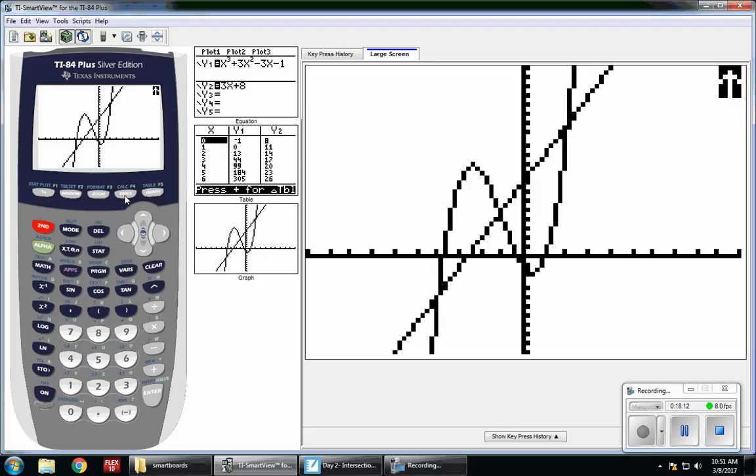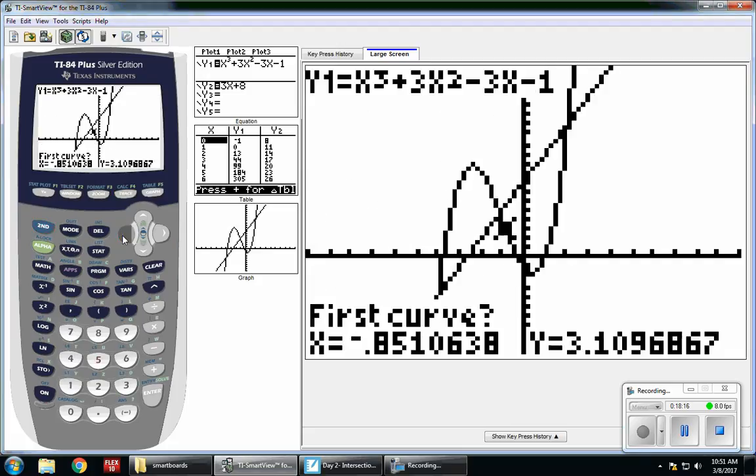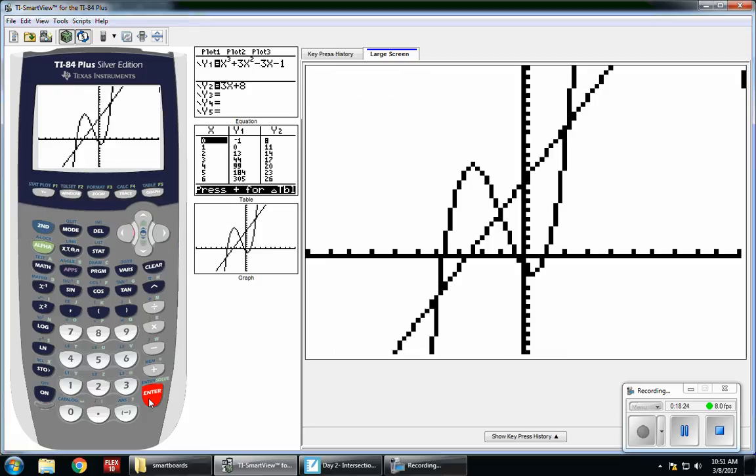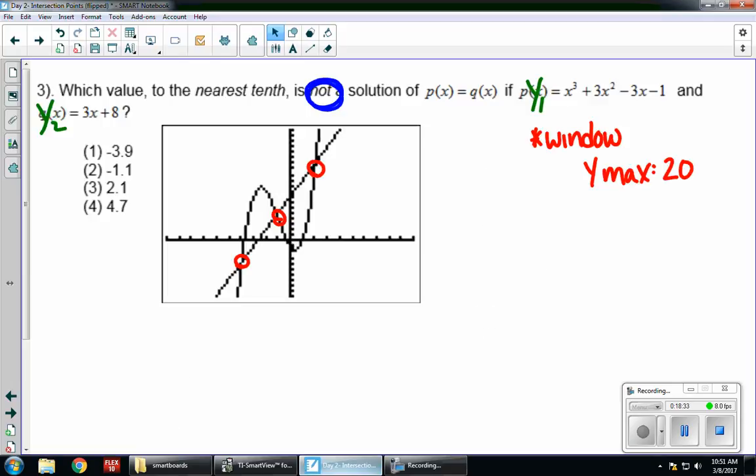Second calc. Choice 5 is intersection. I'm using my left arrow to get me to that first point of intersection on the left. I'm going to hit enter 3 times. Negative 3.942 and so on. So I can cross off answer choice 1.